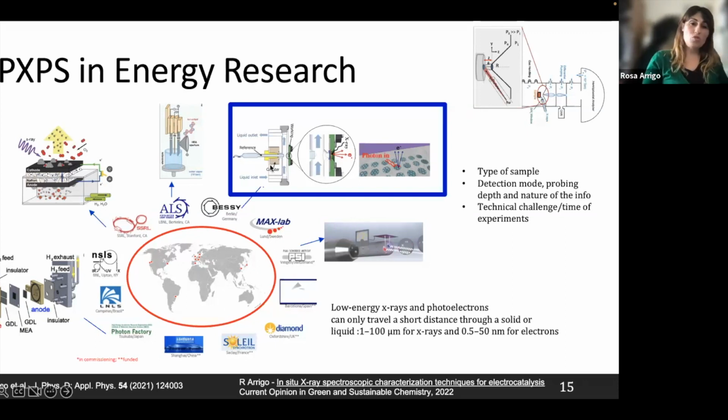Now, this approach, which we have developed at BESSY, consists of having this cell with the liquid electrolyte flowing on one side, where the counter electrode and reference electrode are immersed, and sealed using a polymeric electrolyte membrane, which acts both as a sealing system and as a provider of protons.